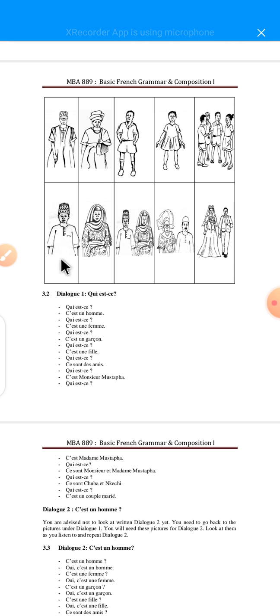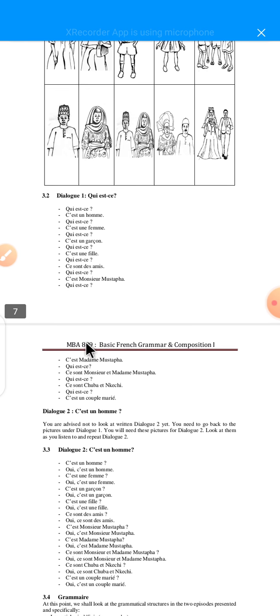Qui est? Who is it? C'est Monsieur Mustafa. It is Mr. Mustafa. Qui est? Who is it? C'est Madame Mustafa. It is Mrs. Mustafa. Qui est? Who is it? Ce sont Monsieur et Madame Mustafa. They are Mr. and Mrs. Mustafa.